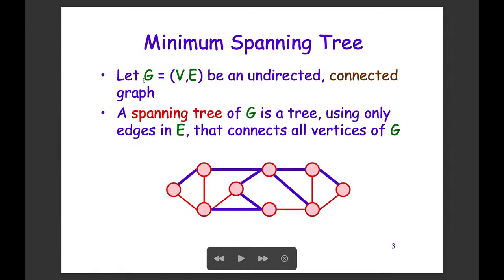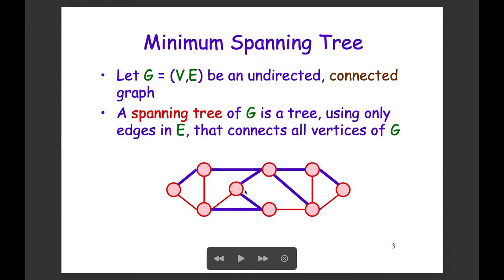We have an input graph G. Before we mention the minimum spanning tree problem, let's talk about a related problem. Given a graph G, which is undirected and also connected, a spanning tree of the graph is a tree such that it connects all the vertices together. Imagine you consider all the edges, the red edges and the blue edges; this is the original graph.